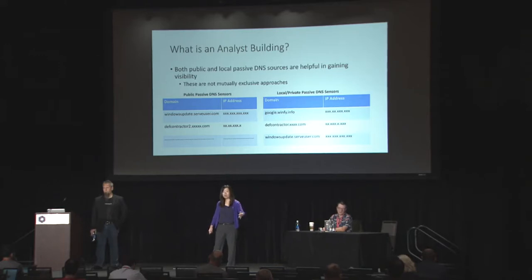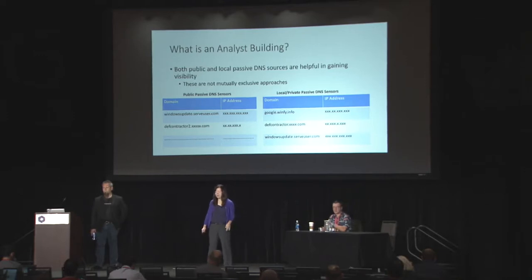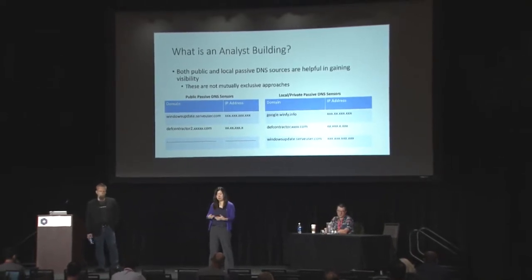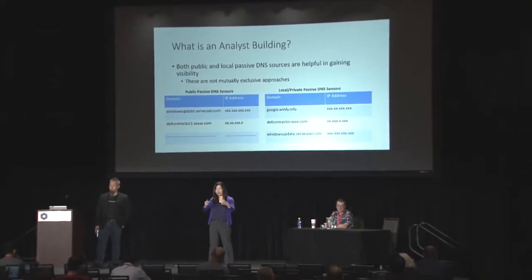Now, on the local passive DNS sensor side, on your right, you see your information specific to your network. So you're putting together all this information, and that's going to help you build that visual graph of how the attacks propagated.